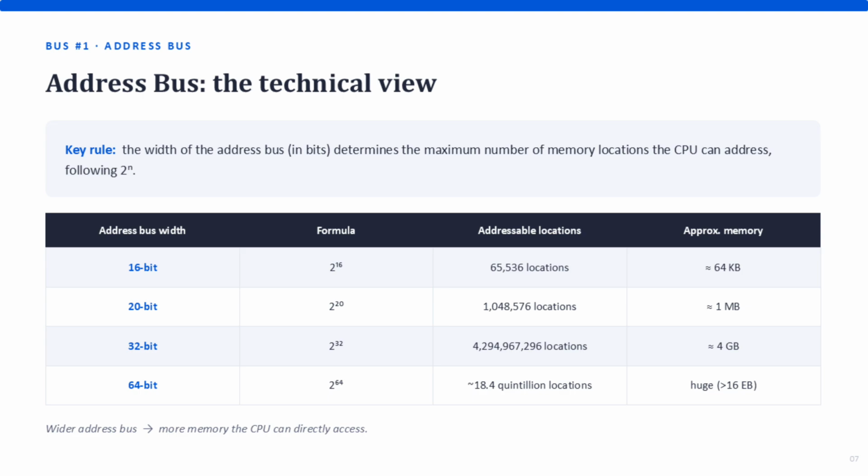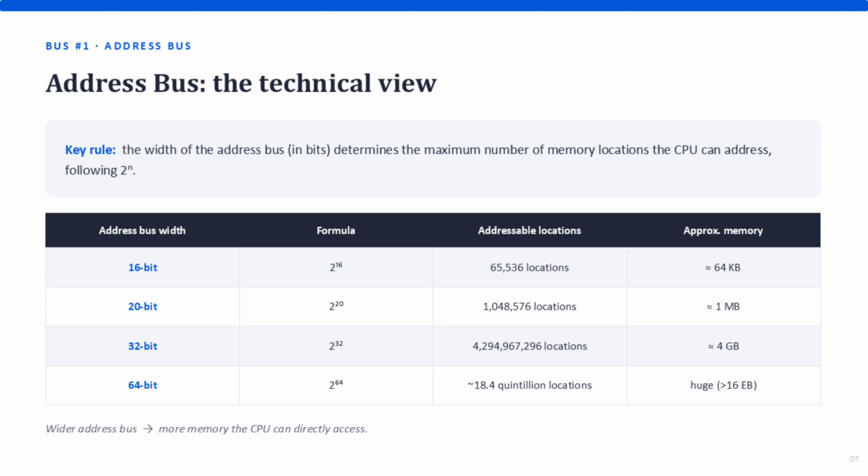This is why we use the formula 2 raised to the power n, where n is the number of address lines, because every line carries only two possible values, either 0 or 1. So if there are n lines, then the number of possible addresses is 2 to the power of n, where n is the number of address lines.